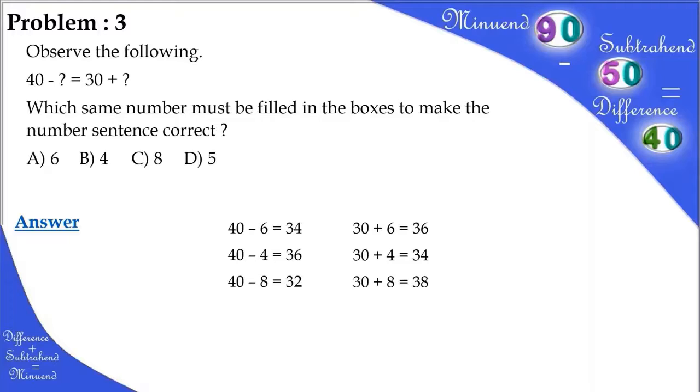This is also not satisfying the condition. So we will go to the last one, which is 5. 40 minus 5 is 35. 30 plus 5 is 35. This satisfies the condition. So the answer will be 5.